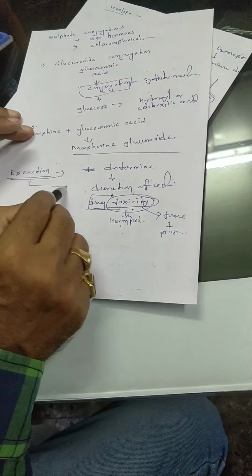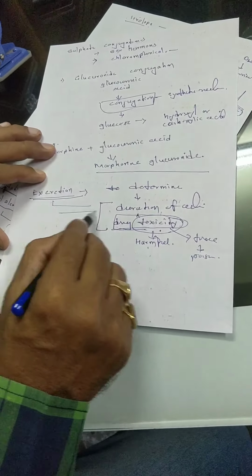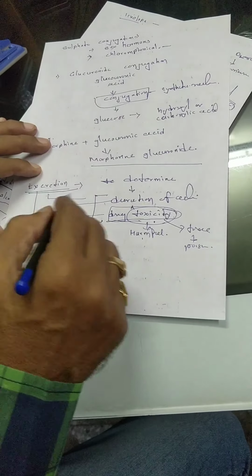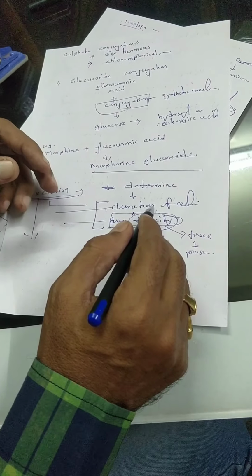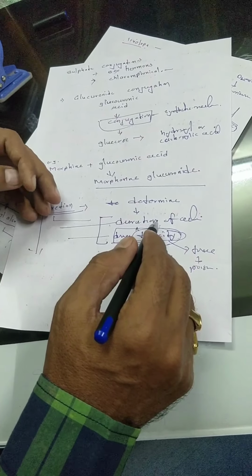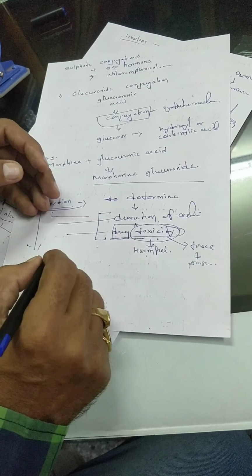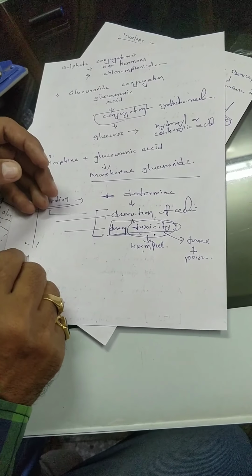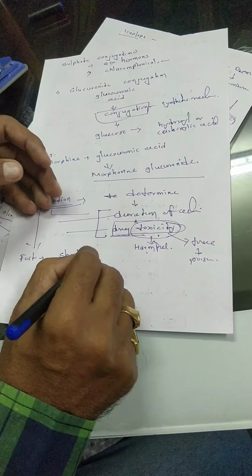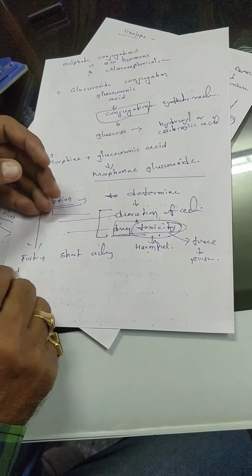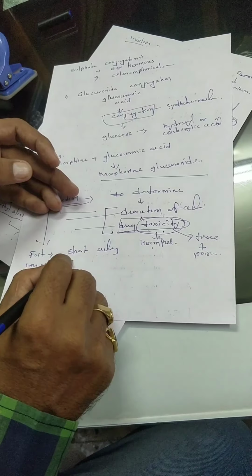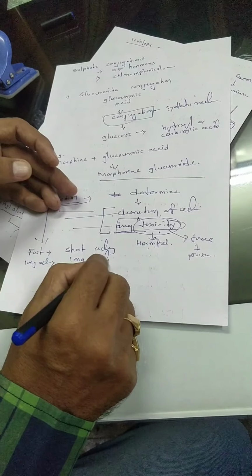These are the importance of excretion: duration of action and drug toxicity. Fast excretion means a short acting drug, and slow excretion means a long acting drug.